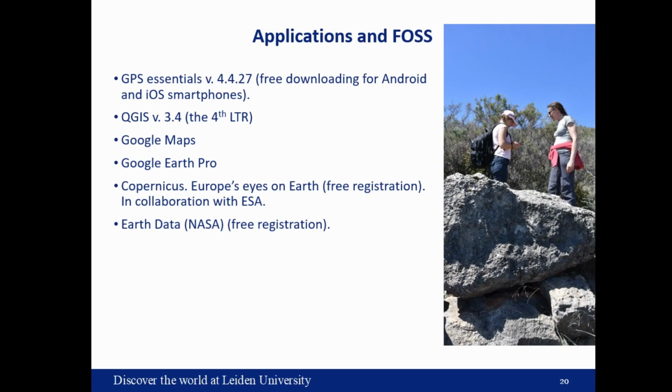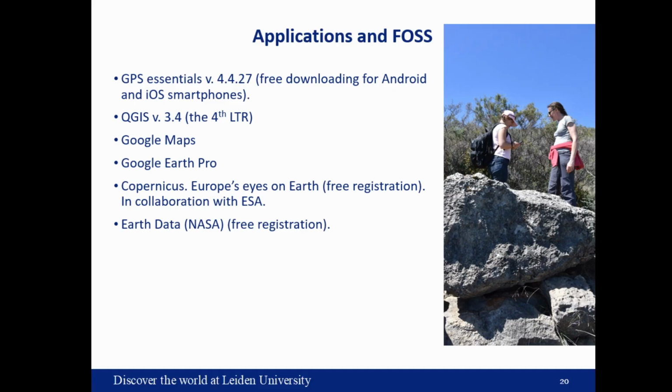More applications that are all free and open source, and that we can easily combine and use for our research, include the GPS Essentials application, which is a free application you can download and use on your smartphone in order to record your waypoints when you are in the field.